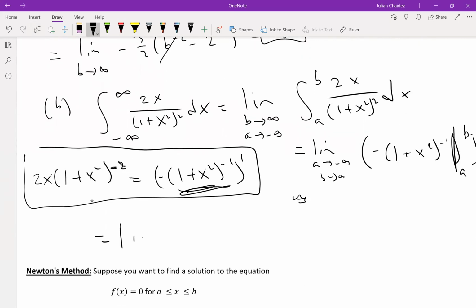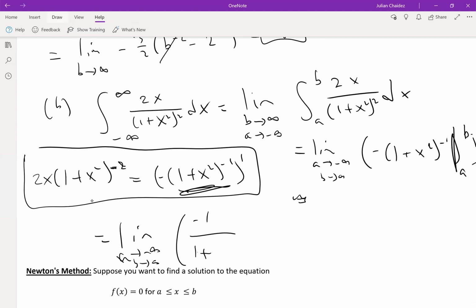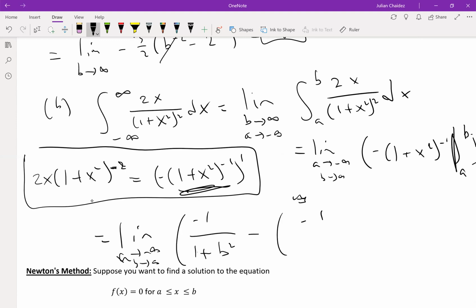So I can write that limit as a goes to negative infinity, b goes to infinity of negative 1 divided by 1 plus b squared, minus negative 1 divided by 1 plus a squared. Okay, so that's the whole thing.